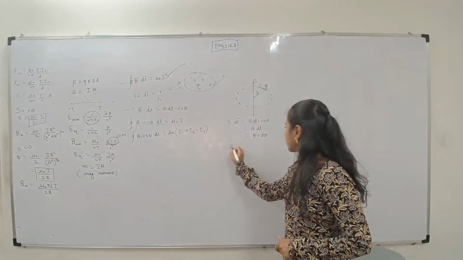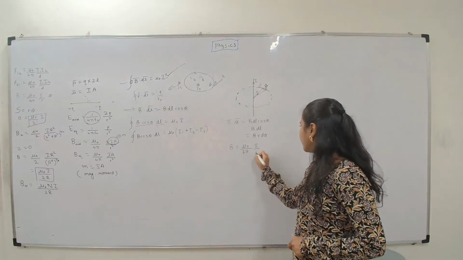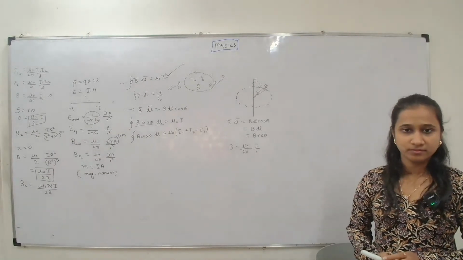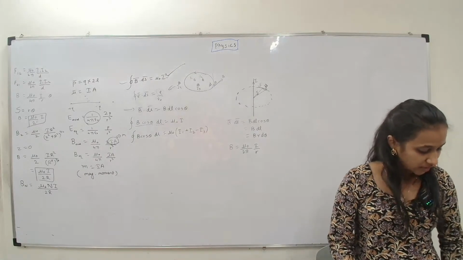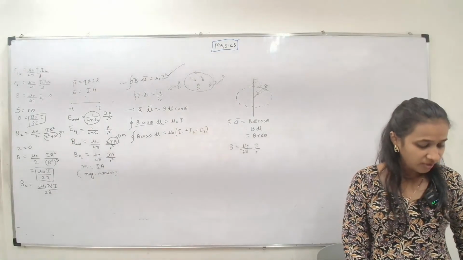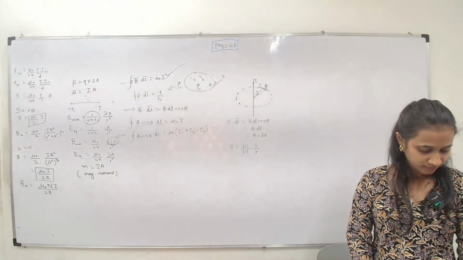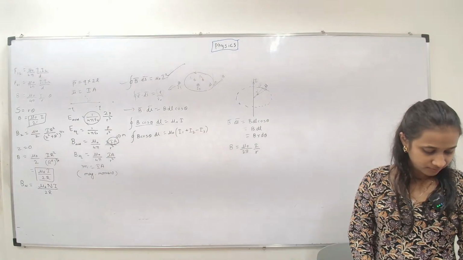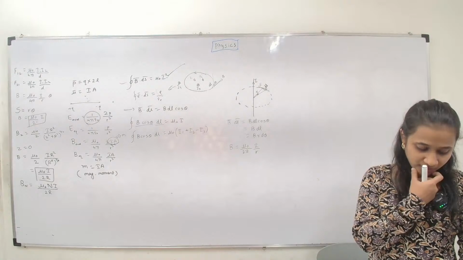So field is mu naught upon 2 pi I divided by R. आपण जो ऑलरेडी डिराइव्ह केलेला आहे, मी सांगते कुठे. 10.48. थीटा सबस्टिट्यूट केला आय थिंक त्यांनी.